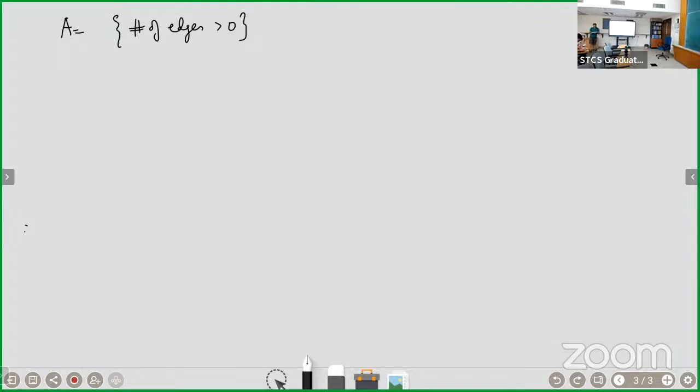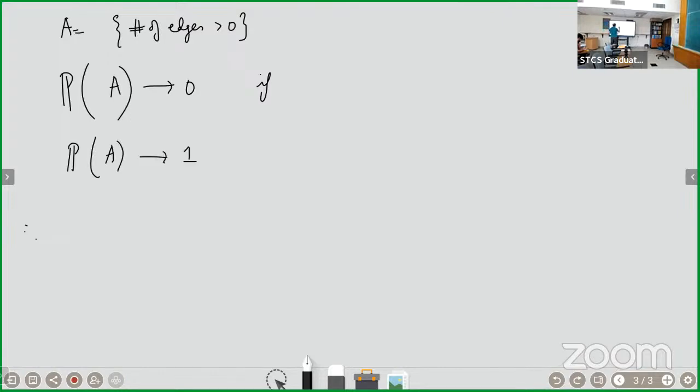That's my event. So what are we after? We're trying to essentially find the probability of A going to 0, if something happens. And what we want is something of this sort.